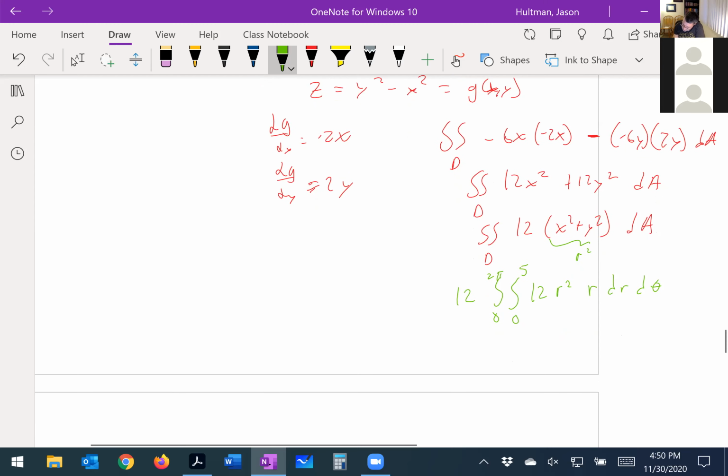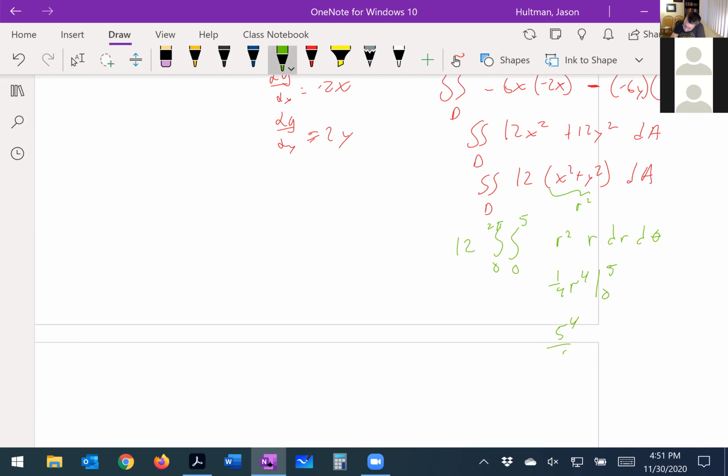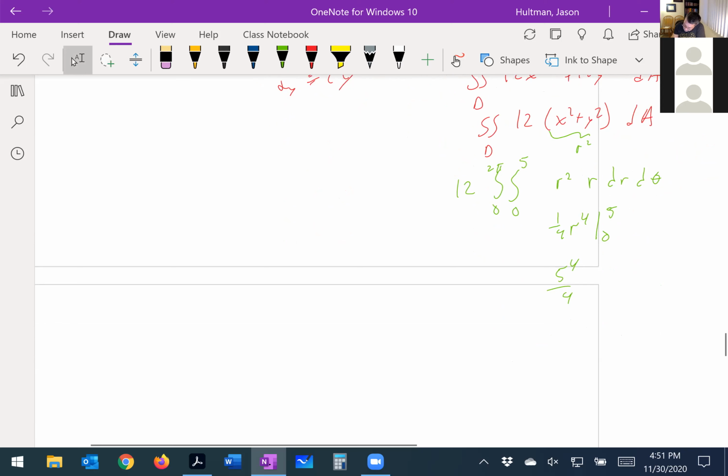Oops, I already have the 12 outside, sorry. This is really r cubed. What's the integral of r cubed? That's 1/4 r to the 4th, from 0 to 5. So this is 5 to the 4th over 4, which is 625 over 4. Then I integrate that with respect to theta from 0 to 2 pi, with the 12 on the outside.